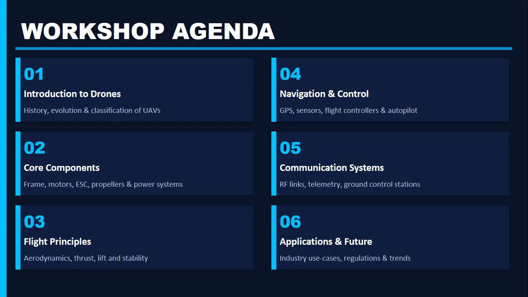After that, we will discuss the basic navigation and control systems, communication technologies, real world applications, safety regulations, and future developments in drone technology. Finally, we will conclude with a few simulation hands-on workshop activities and the key takeaways.